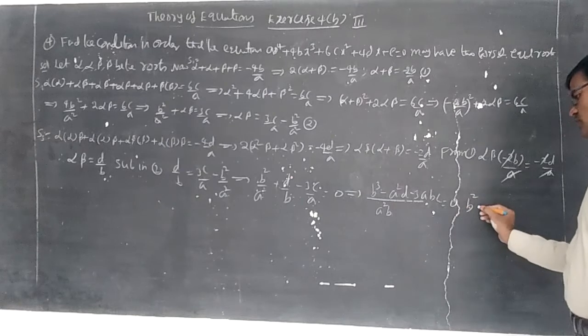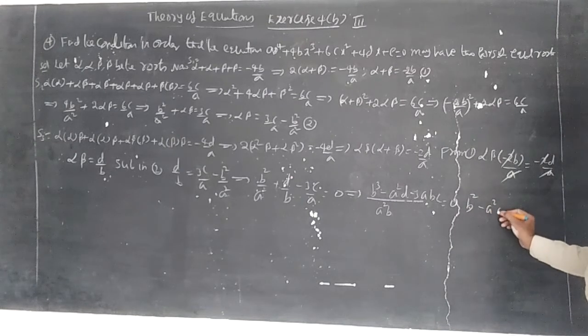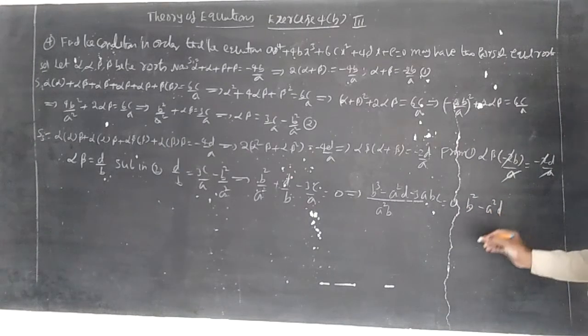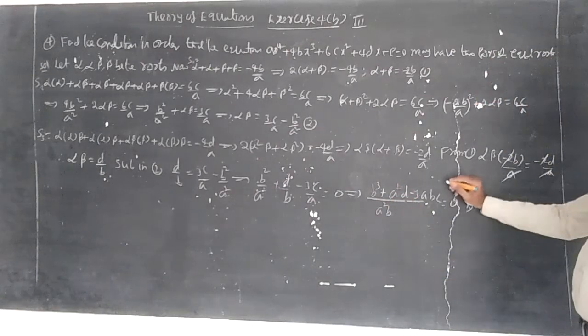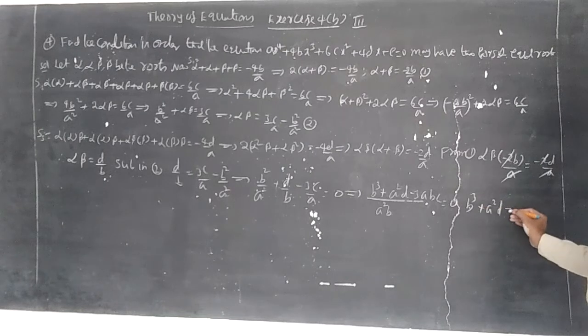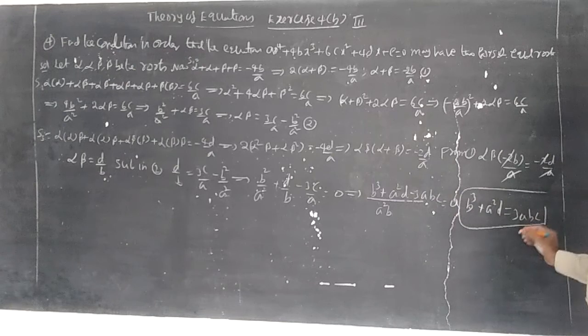So the condition is b square, no, not minus. This is a plus, and b square is not correct. b cube plus a square d is equal to 3abc is the required condition.